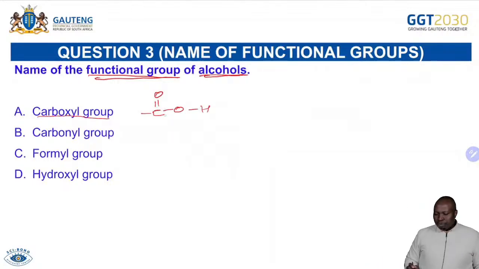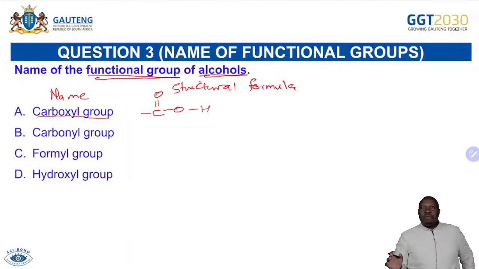So what have I done? This is the name of the functional group. This is the structural formula of the functional group. So whether a question comes and says, write down the structural formula of the functional group, you know how to draw it. And then what is the homologous series to which this one belongs?